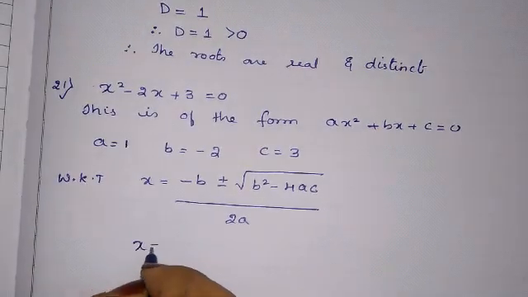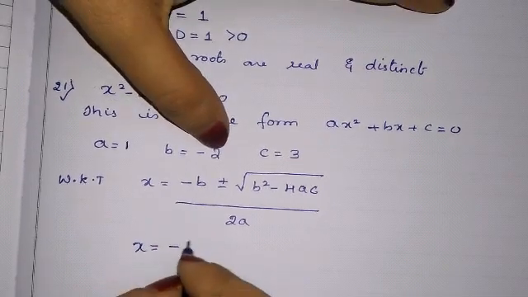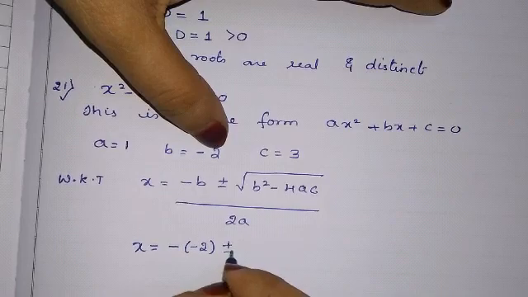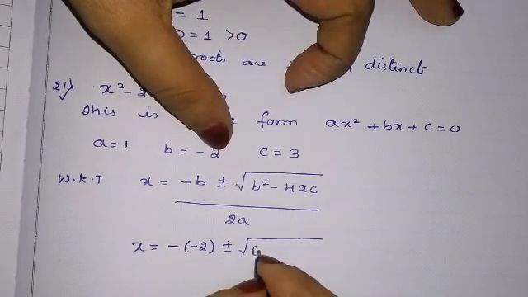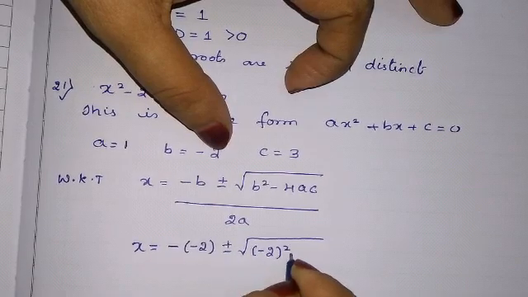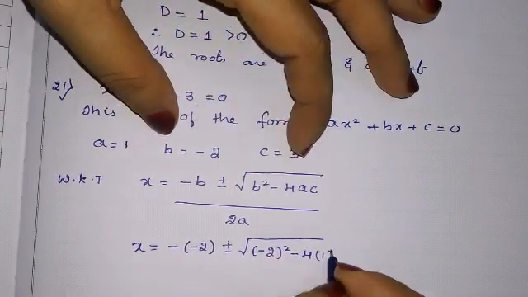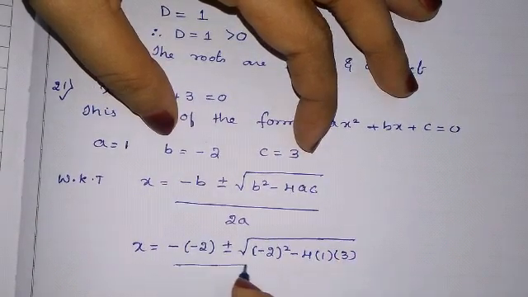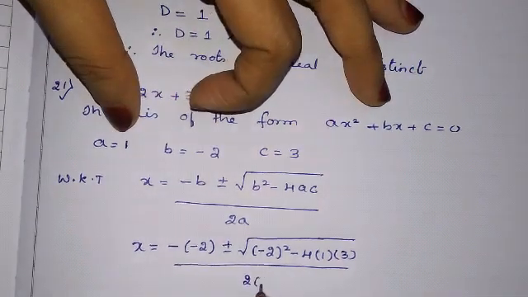X is equals to minus b value, minus 2, plus or minus root of minus 2 square minus 4 into a value 1, c value 3, upon 2a, a value is 1.